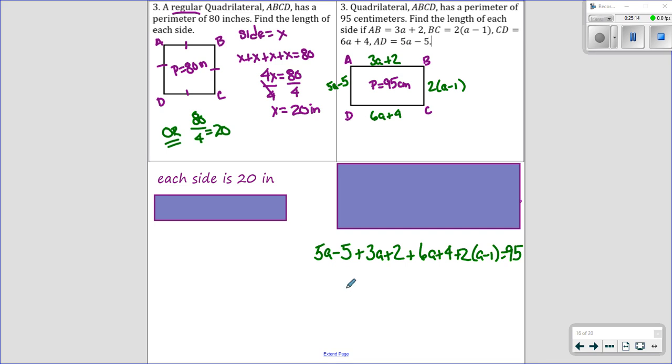Alright, so this one I know is going to be 2a because I'm distributing minus 2 equals 95. I'm going to combine.